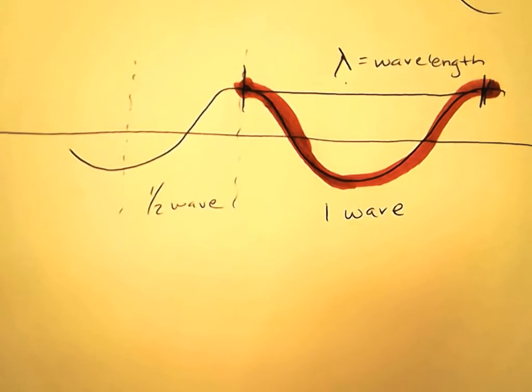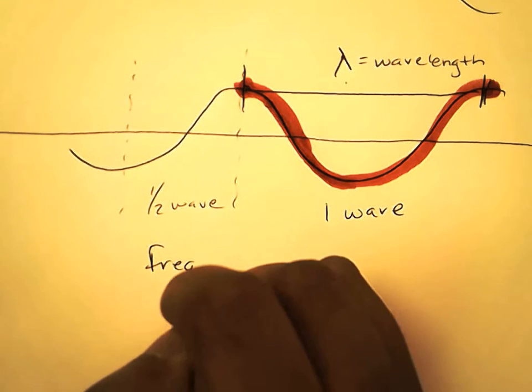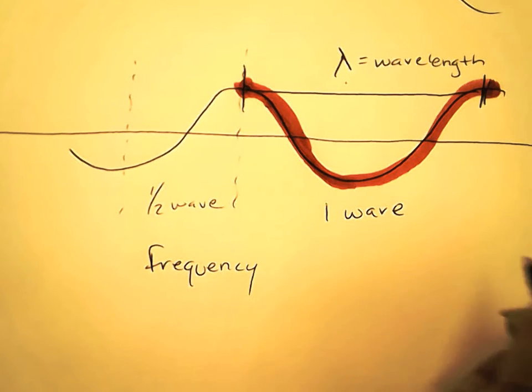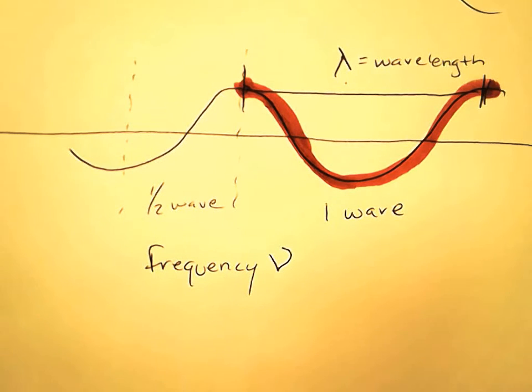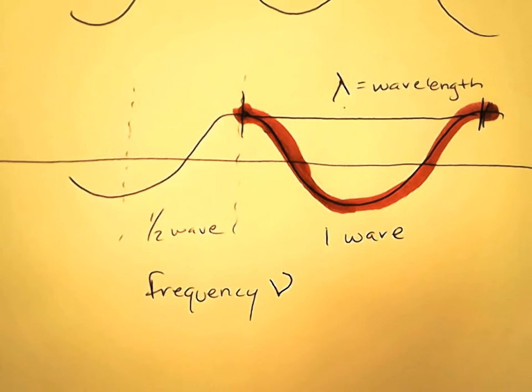Frequency, which has the symbol nu. What is frequency when we say something about something being frequent? What is frequency? Like often. It's telling you how often waves are passing by.